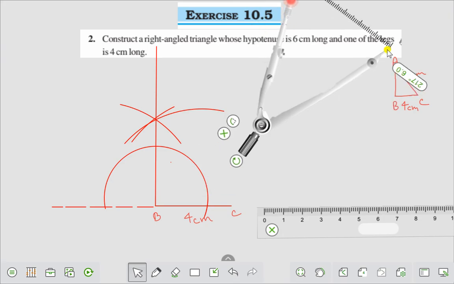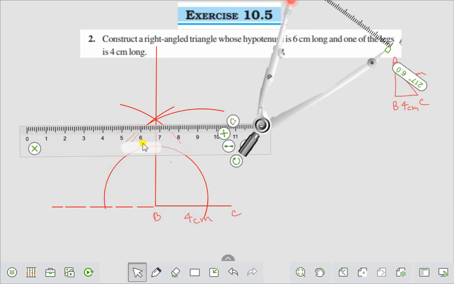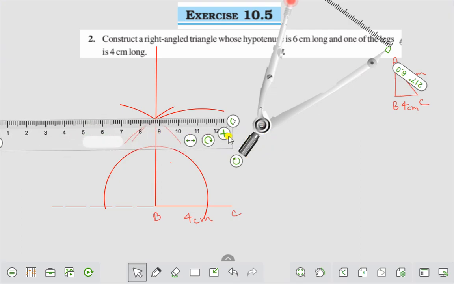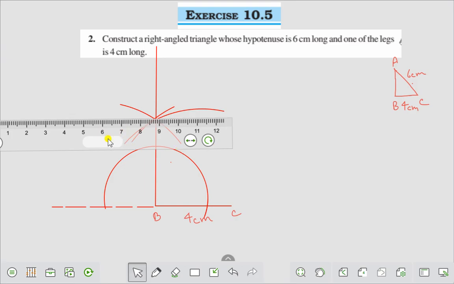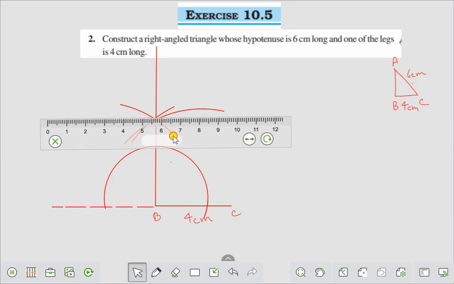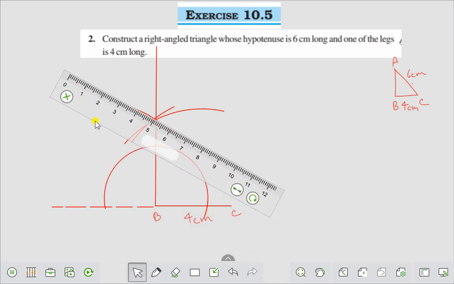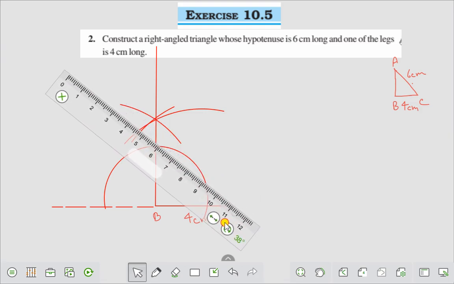Now, with the help of this ruler, we'll join this line. Let us join this point with point C. This is exactly 6 centimeter.